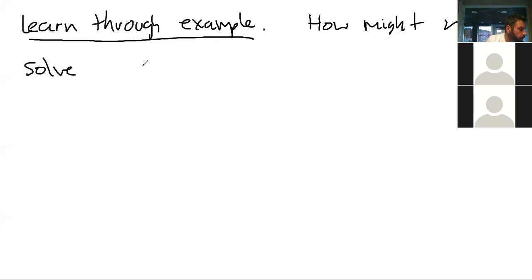Let's solve y prime equals 3t squared over y.